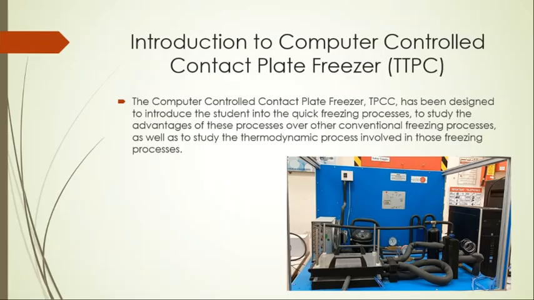Okay, now just the introduction about the computer controlled contact plate freezer, which we are utilizing in our lab in order to do certain practicals related to dairy processing. So this complete unit is completely automatic and computer controlled, similarly as we have studied in the spray drying unit.